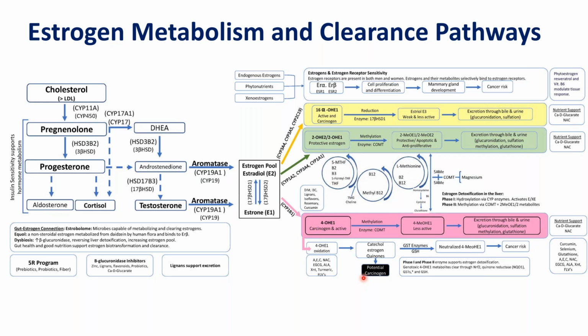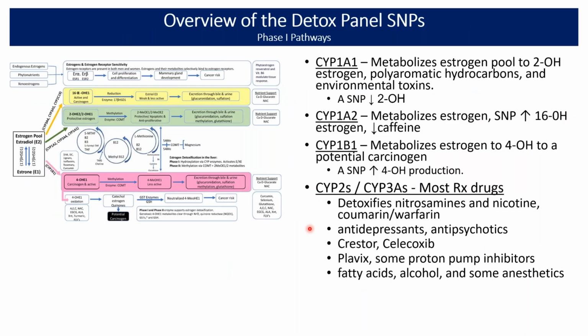That's all the stuff just for estrogen metabolism that we get from this detox panel. So I find that to be pretty fun to look at and pretty interesting. This is pretty much what I just discussed. When we look at the 1A1, we get a decrease of the 2-hydroxyestrogens.